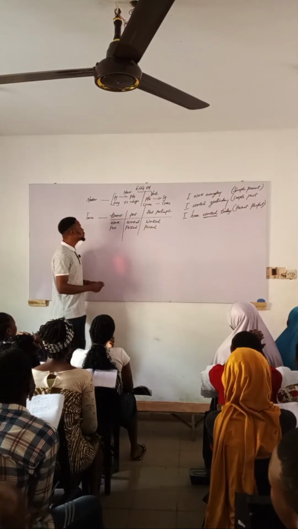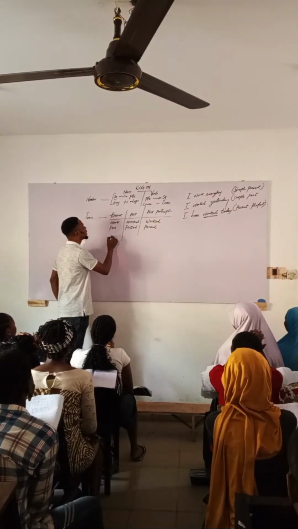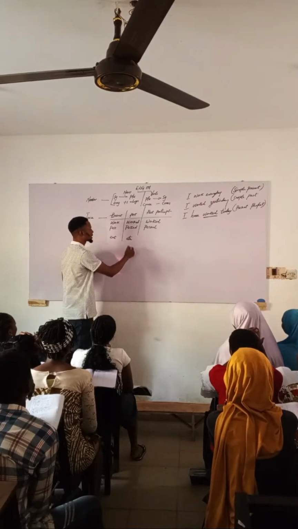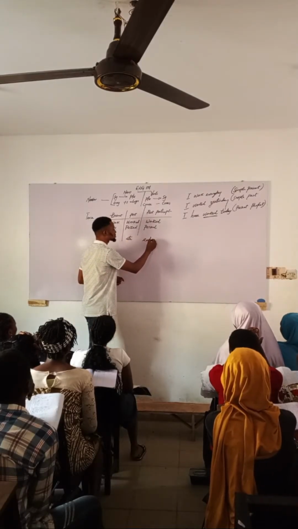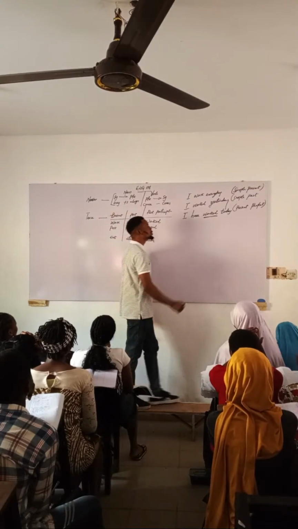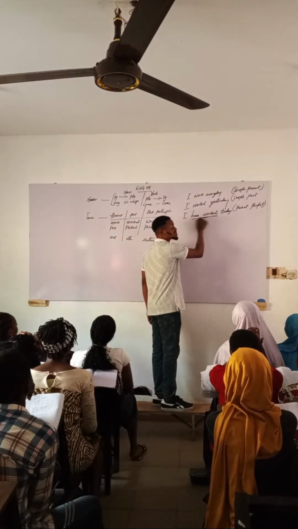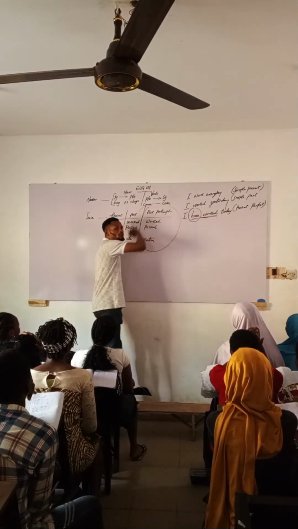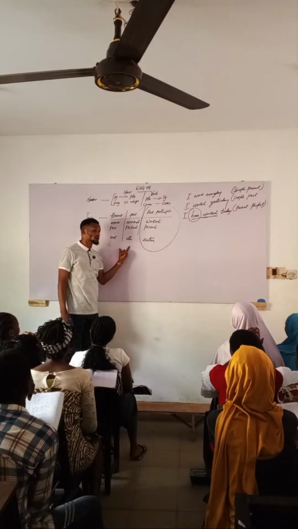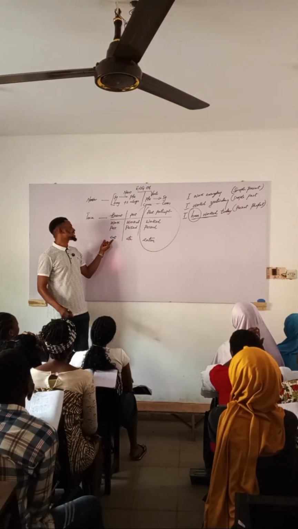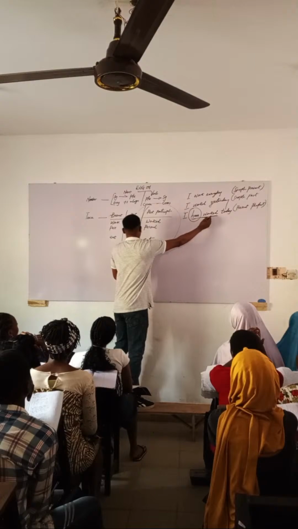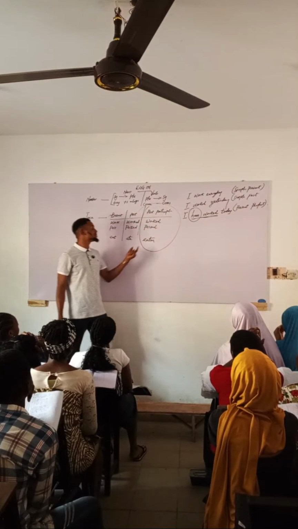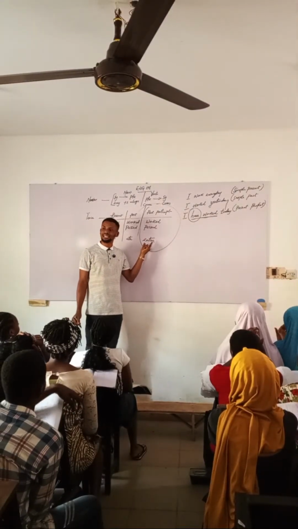For instance, the word eat: ate, and eaten. The form you are going to use after the verb to have is the past participle form and not the past form. It would be wrong to say I have ate or I have eat. Rather, what you have is: I have eaten.